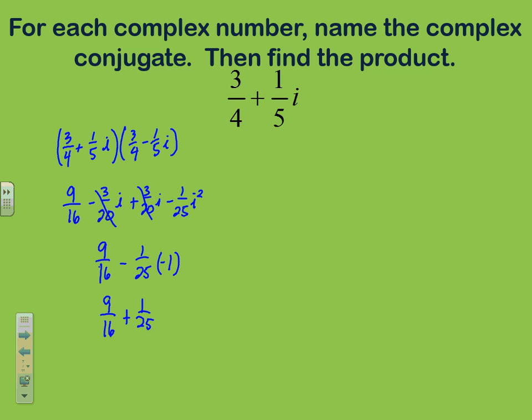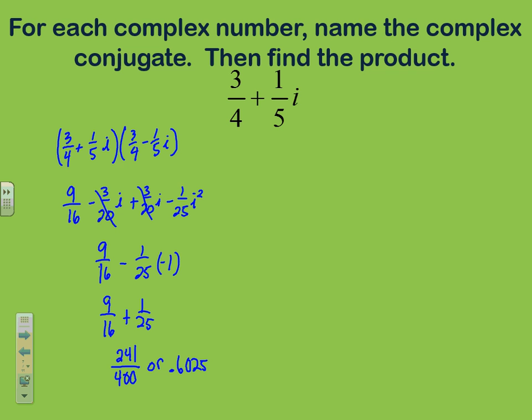And at this point, really, we just want to type that into our calculator. We're not going to worry about actually figuring out what the common denominator is. If we type that into our calculator, we're going to get 241 over 400, or as a decimal, this one is not a bad decimal, 0.6025.